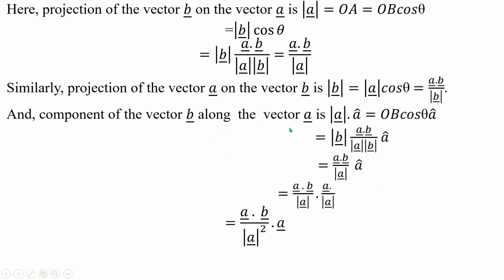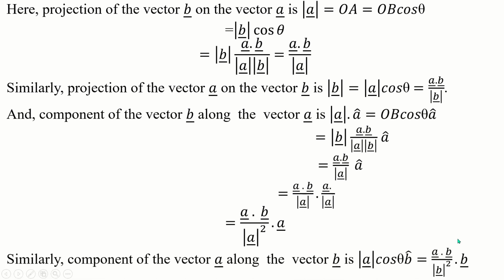Similarly for the component of b, a vector along the vector b, this equals, we can write this. This formula is very important for this exercise, for solving math. So you have to remember it, memorize it, and write it again and again. I explained it properly. I think everybody easily understands. Okay.